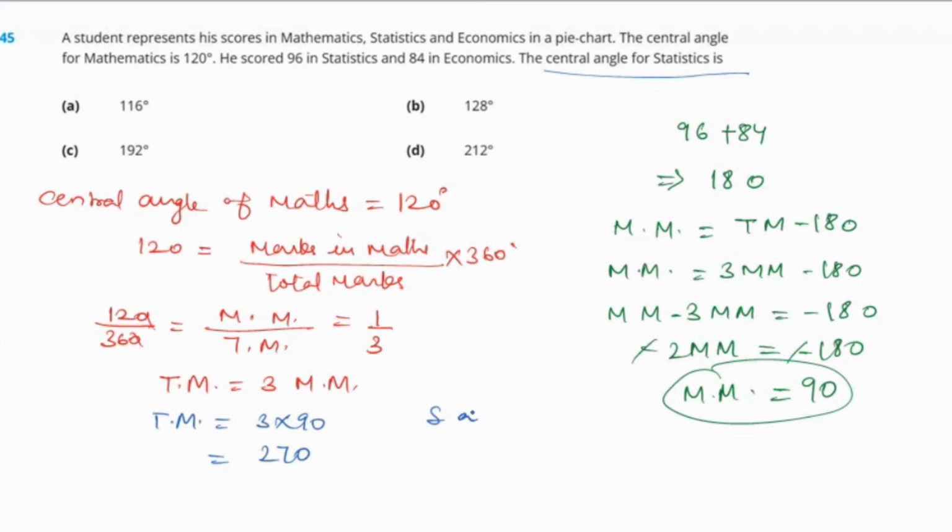So the central angle of statistics would be the marks in statistics, which is 96, by 270 times 360. Okay, so if we do that, 96 times 360 by 270, we are going to get 128 degrees. Okay, option B.